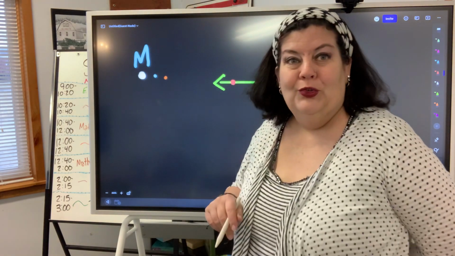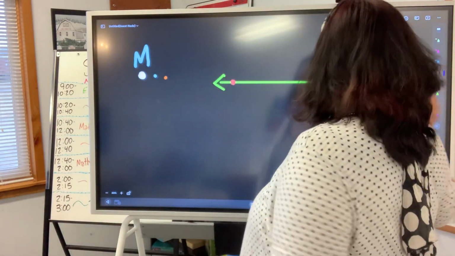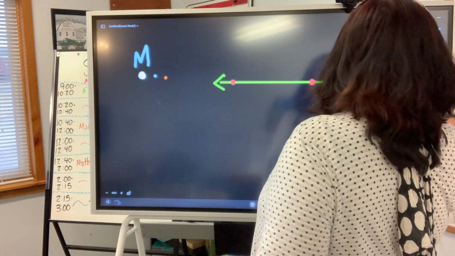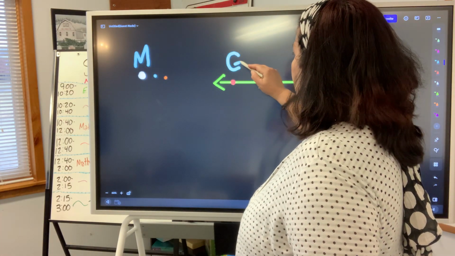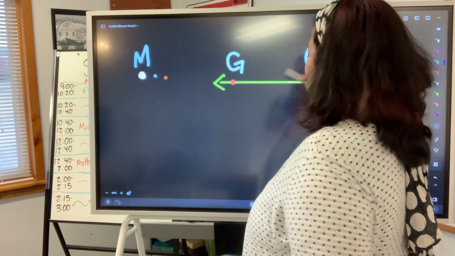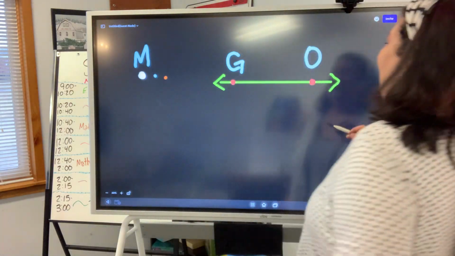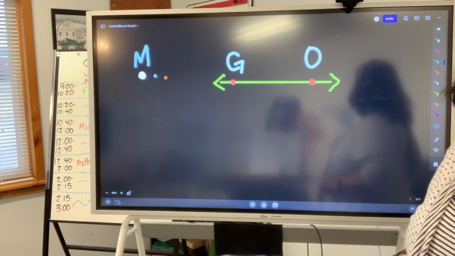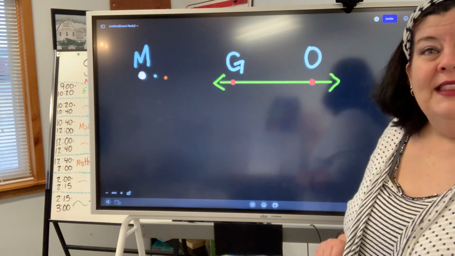And I'm just going to come up with two random letters to name this. How about we name this one G and O? That was completely random. All right, so this line has a point G and a point O. And that's what we're going to call it.